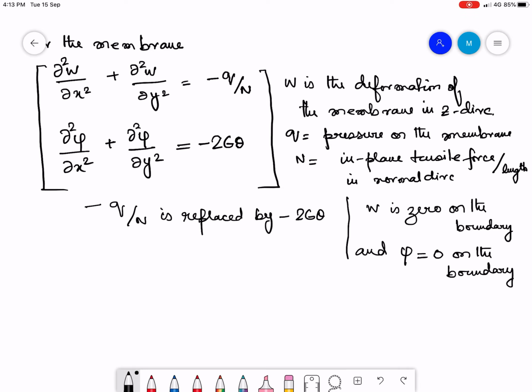So, with this I will move into certain corollaries. This is not all. We will gradually see that the membrane analogy has several other advantages and corollaries, which make the analysis of torsion of a shaft of arbitrary cross section much easier. Okay. So, let us move into those corollaries.